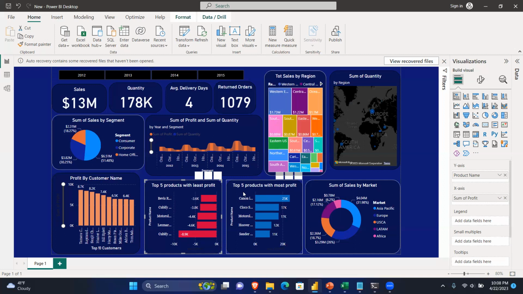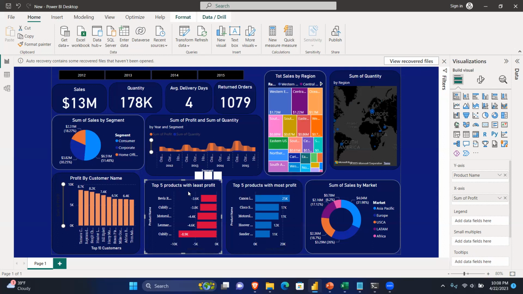By looking at these visuals, the company can understand which products bring the most profit, so they can increase the production of these products and the quantity in which they are produced, so that they can increase their sales in the long term.